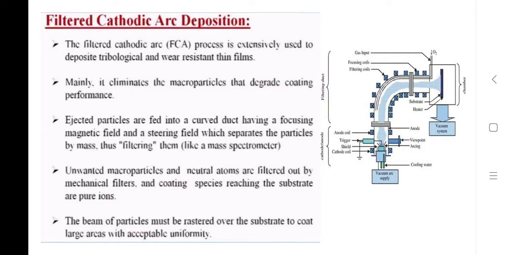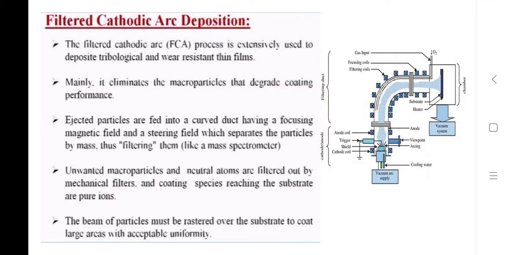Now next is the filtered cathodic arc deposition process. From this name we can understand that it is a slightly modified version of the previous one. The filtered cathodic arc process is extensively used to deposit tribological and wear resistant thin films. Mainly it eliminates the macroparticles that degrade the coating performance.